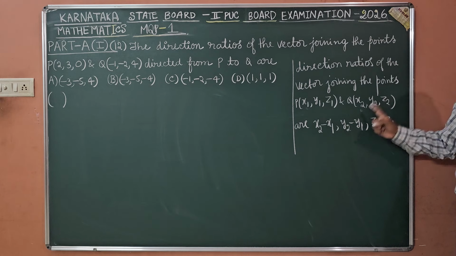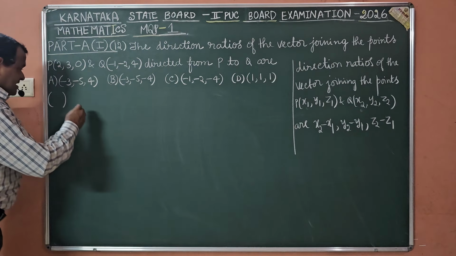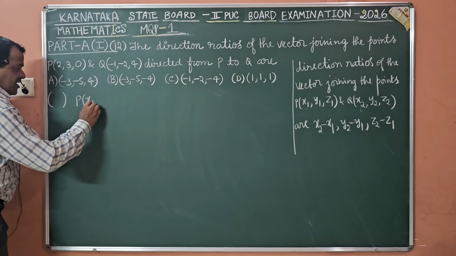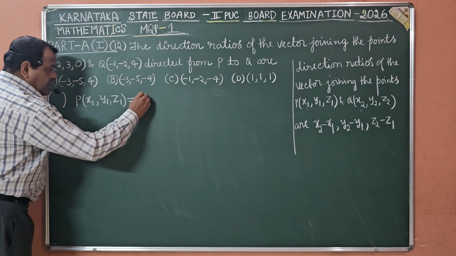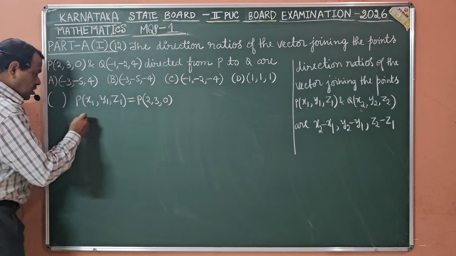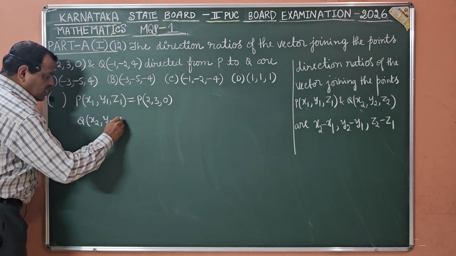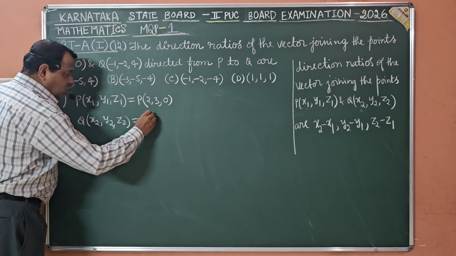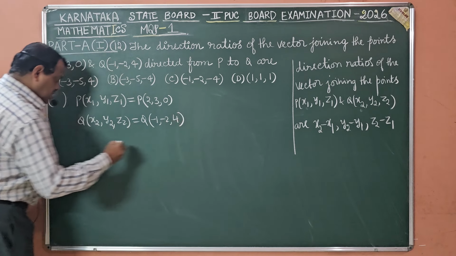See, this is the easiest formula, please remember. Therefore, here in this exercise, P of x1, y1, z1 is equal to P of 2, 3, 0, Q of x2, y2, z2 is equal to Q of minus 1, minus 2, 4.